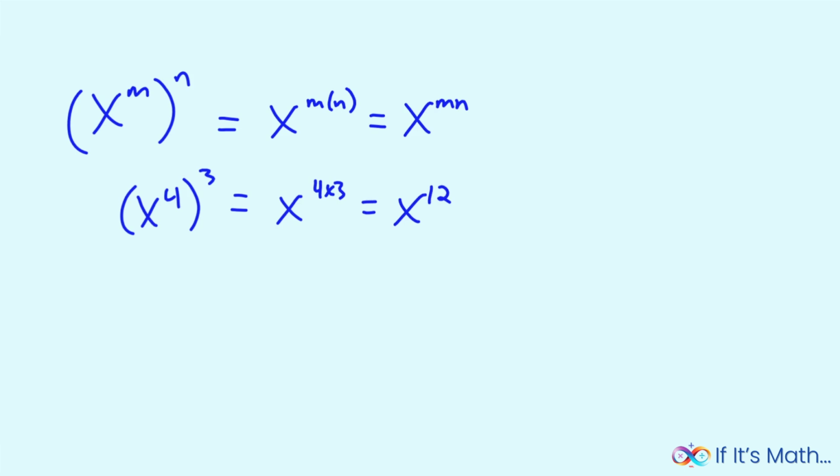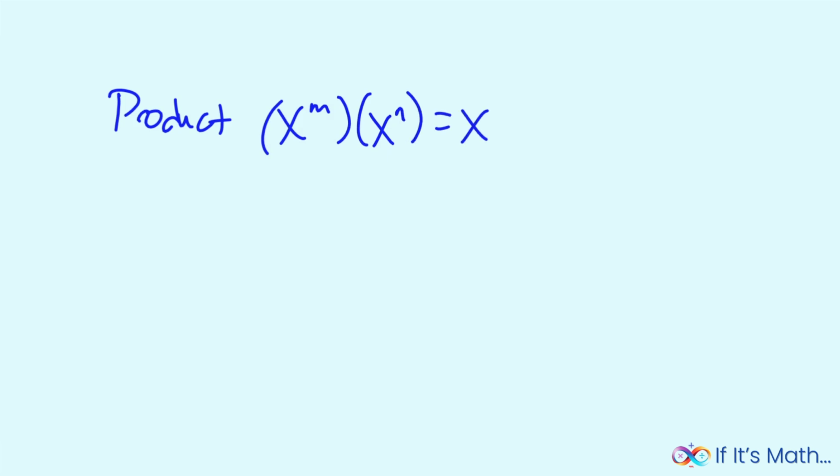So again, it's really important to keep this power rule separate from the product rule. Remember, the product rule told us that x to the m times x to the n equals x to the m plus n.